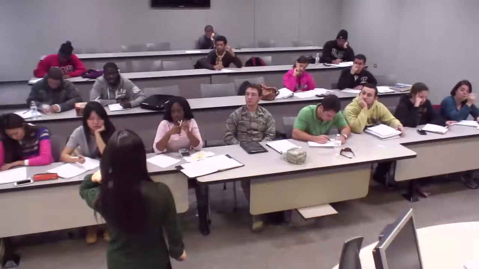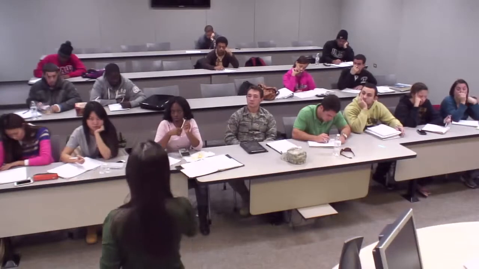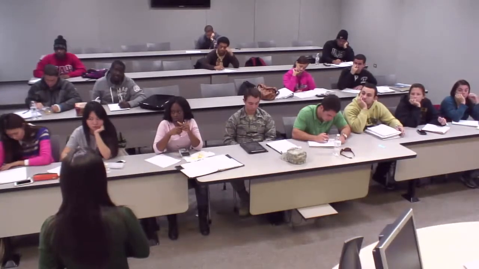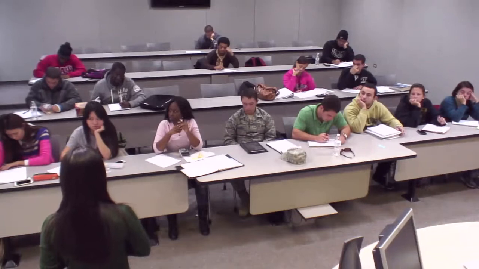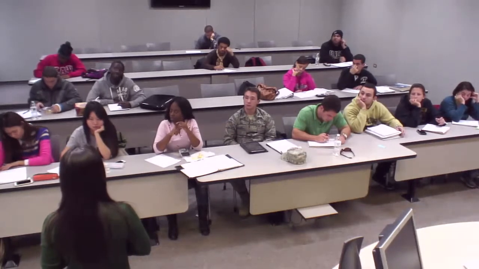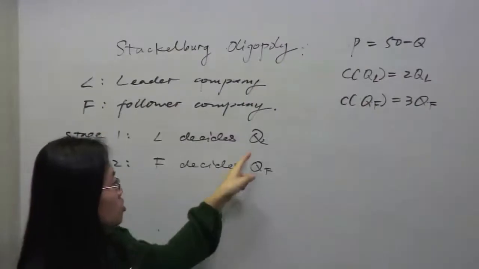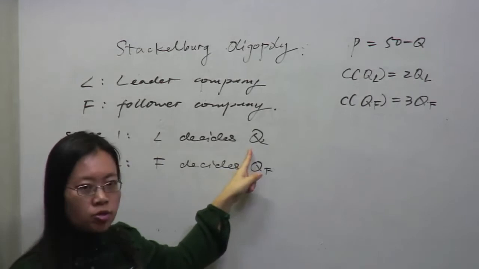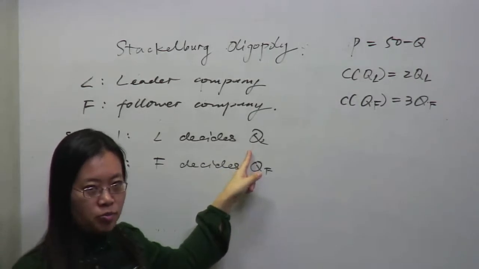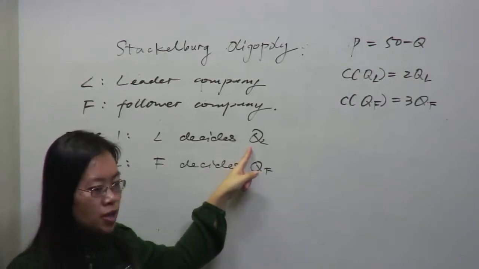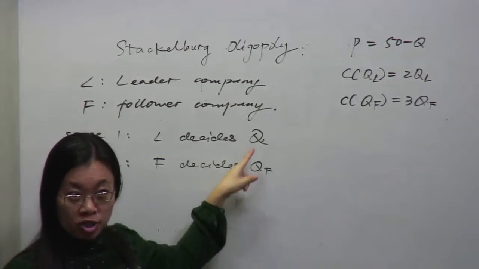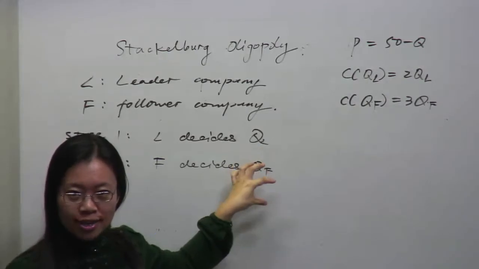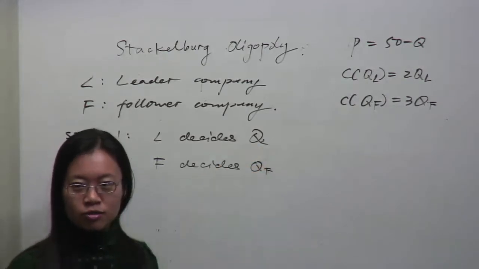QL plus QF equals Q. That's right. And then we have to find QL, and because QF is decided by QL, exactly. So this QF depends on QL, right? But when the leader L makes a decision, they know QF is going to depend on QL, so they're going to take that into consideration.